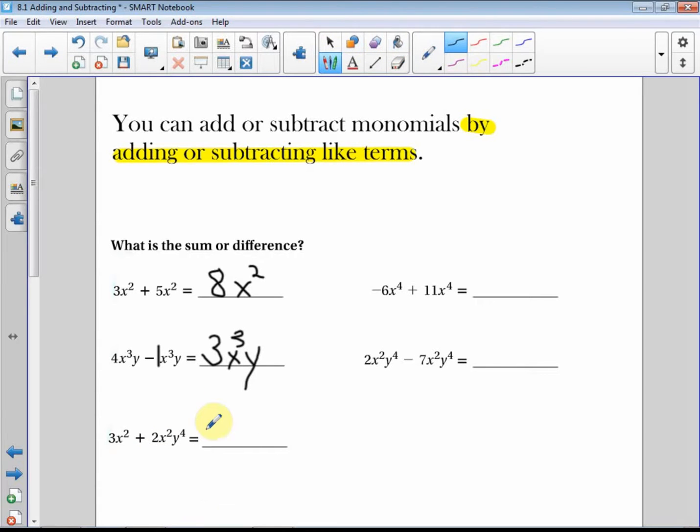So I will just have 3x squared plus 2x squared y to the 4th. Done. What is not done are these two. Please complete these either right now, pause the video, or later.